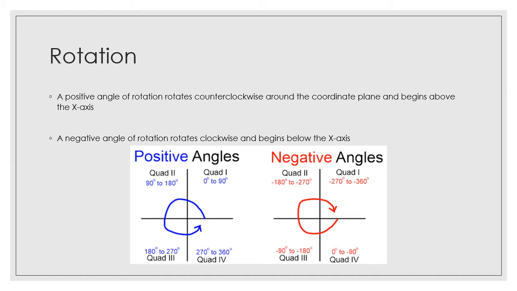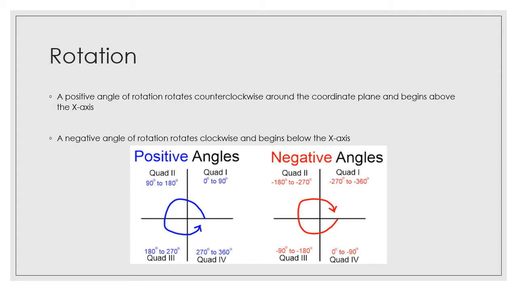So remember, there are 360 degrees in a circle. So what we're looking at in this coordinate plane is if we're rotating something, we are looking at 360 degrees. So in quadrant 1, we have degrees anywhere from 0 degrees to 90 degrees. If any angles have those measures, then the terminal side is going to be in quadrant 1. 90 to 180, the terminal side is in quadrant 2, 180 to 270, so on and so forth.